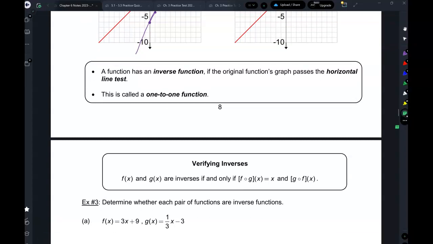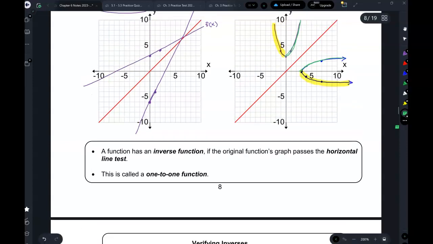Wait, can I ask you? Okay, look at this one. Original is a function. Inverse, also a function. We say, for the first one, f of x has an inverse function.